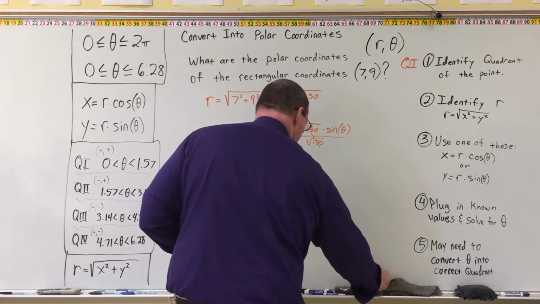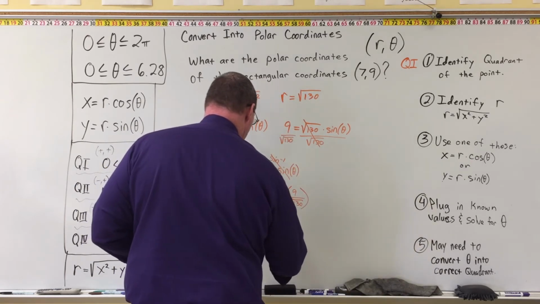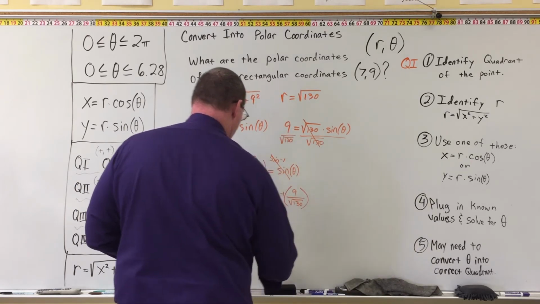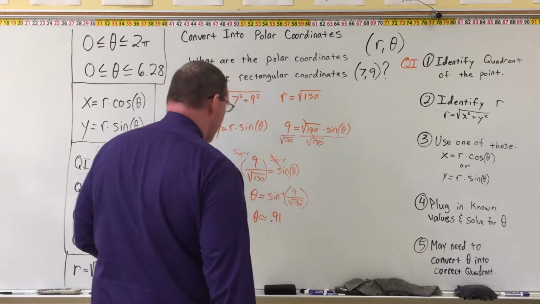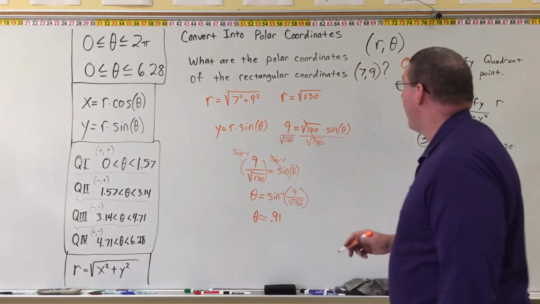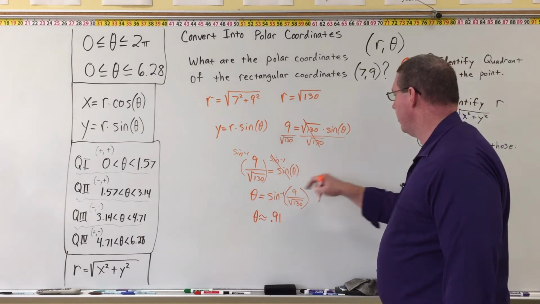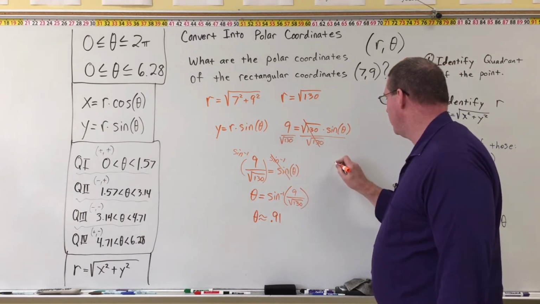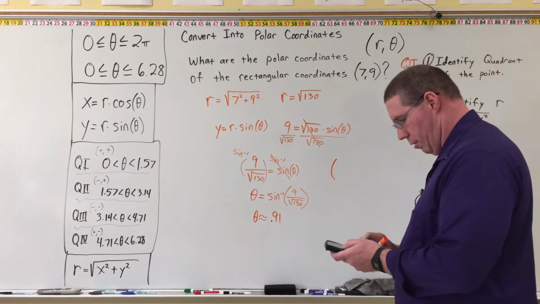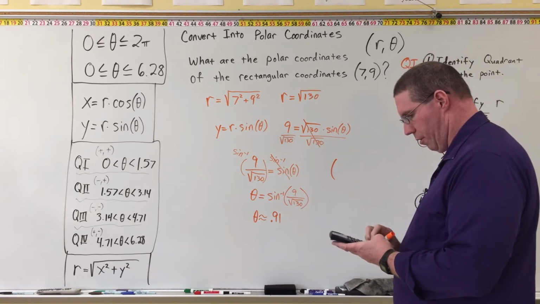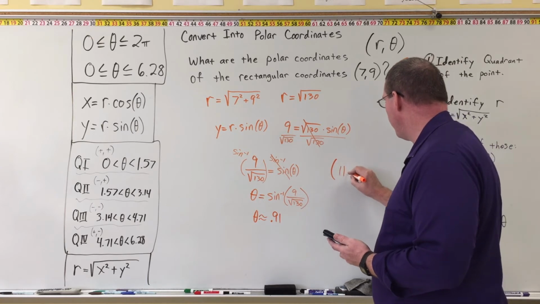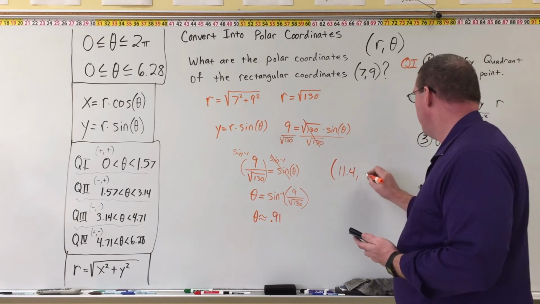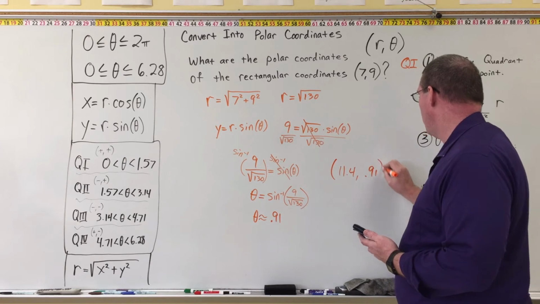Something you may want to get used to doing is using the approximately equal to sign. That means our polar coordinates, I'm going to convert the square root of 130 into a decimal. The square root of 130 is about 11.4. So about 11.4 comma 0.91.